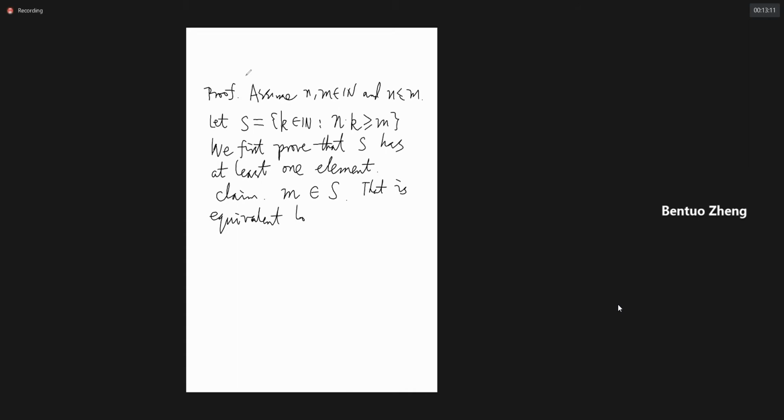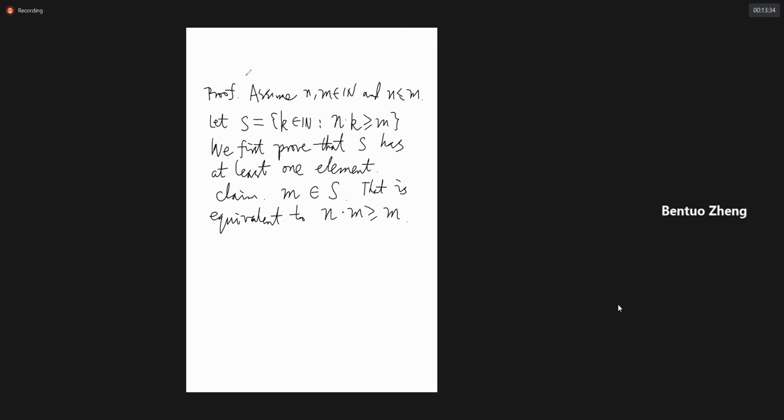If we prove n times m is greater than or equal to m, by the definition of the set S, m belongs to S.